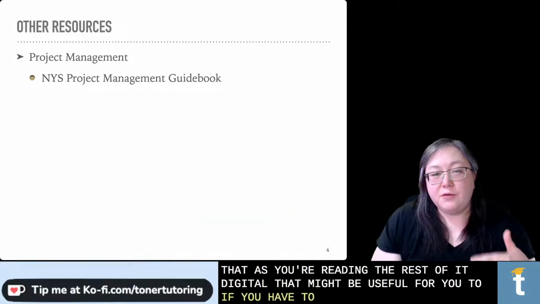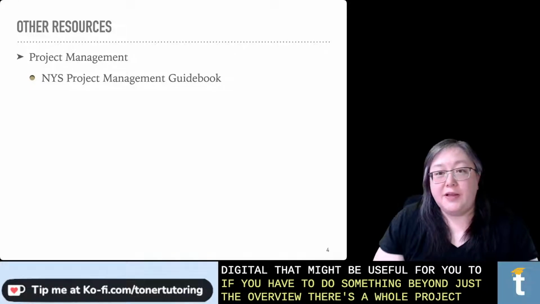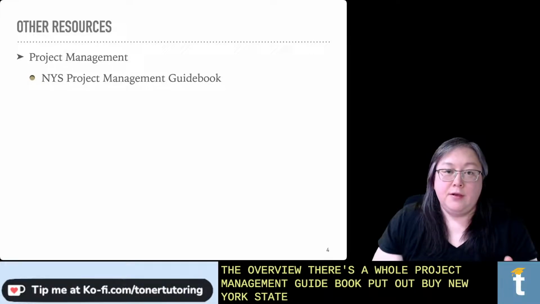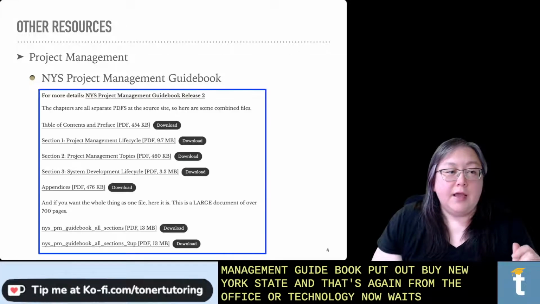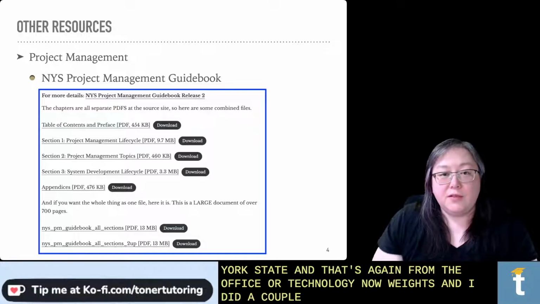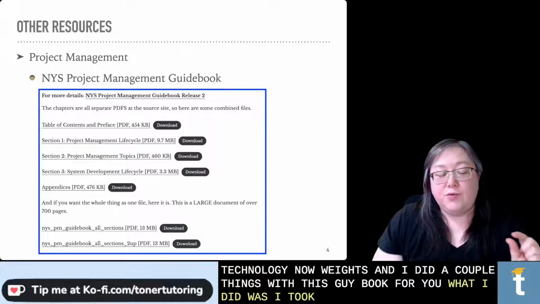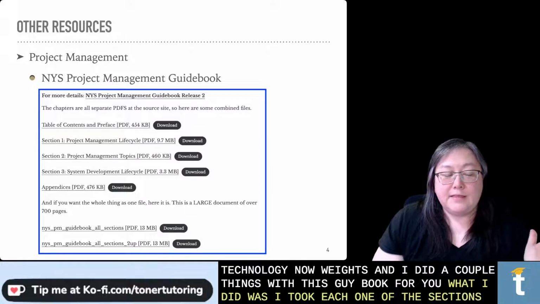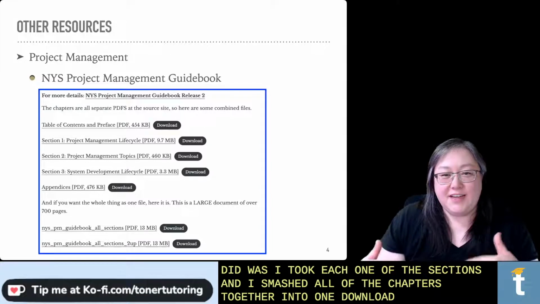If you have to do something beyond just the overview, there's a whole project management guidebook put out by New York State. And that's, again, from the Office for Technology, now OITS. And I did a couple things with this guidebook for you. What I did was I took each one of the sections and I smashed all of the chapters together into one download for each section.